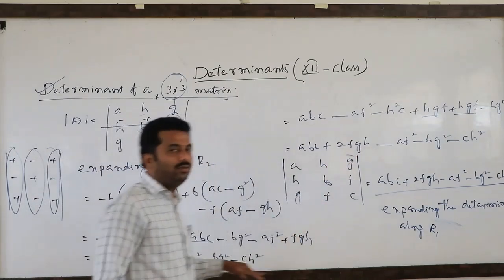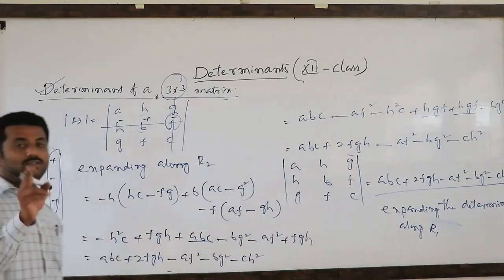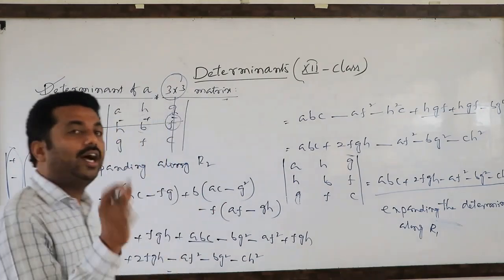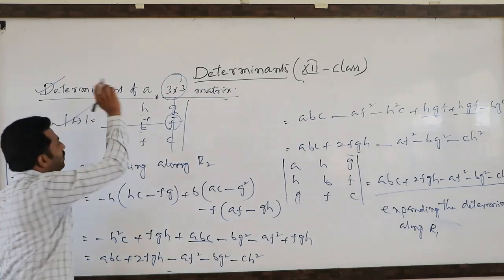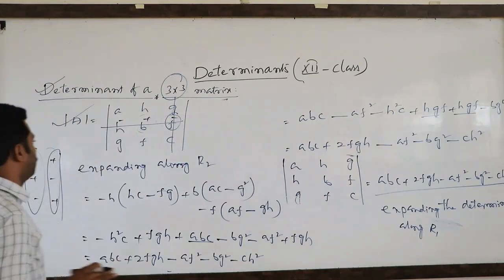In order we are writing. Again same only, no? So like that, you can expand one determinant in 6 ways. 3 ways are along the first row, second row, third row. Another 3 ways are the first column, second column, third column. So this is the way of expanding the determinant along rows or along columns.